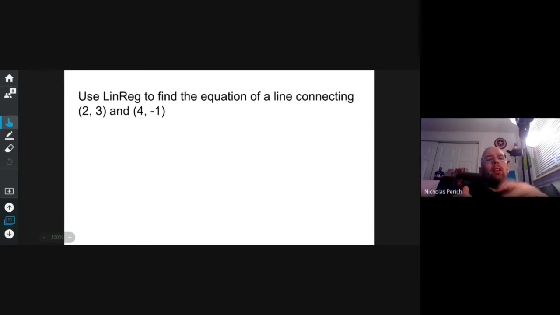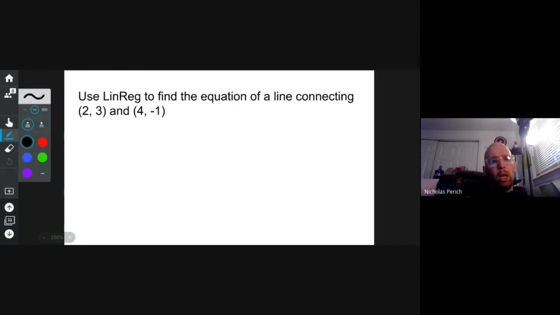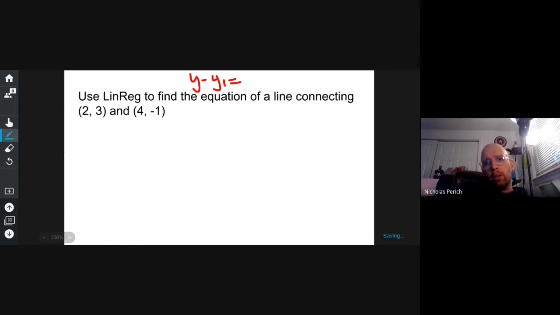What if I didn't know that linreg existed? I just told you what point slope form is. Point slope form is your way of writing out an equation where I give you a point and a slope.